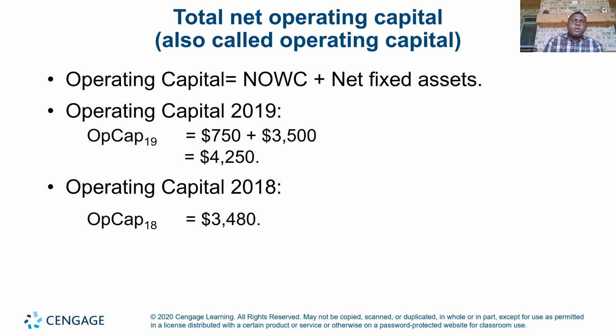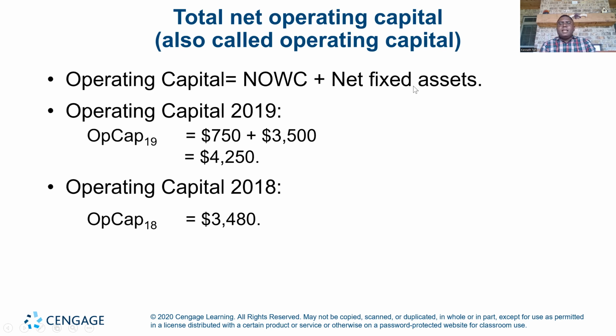Step three is for us to calculate the net operating capital. The total net operating capital, also called operating capital, is basically what we had in step 2. In step 2, we had the net operating working capital, so we take that and add the net fixed assets.